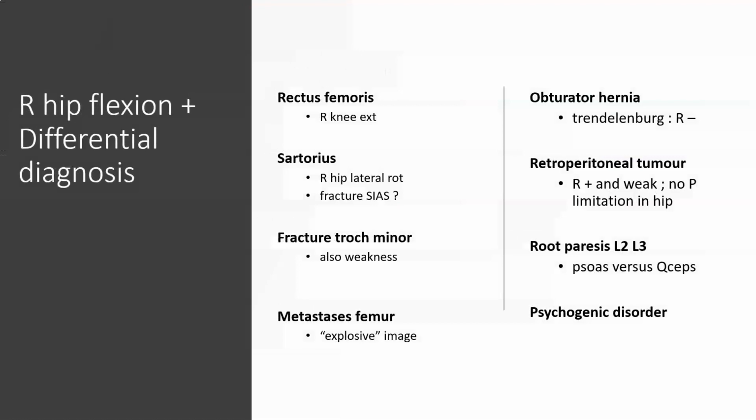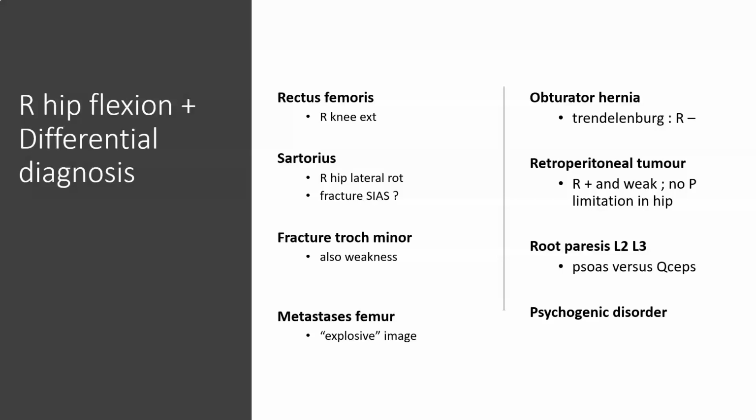When the resisted hip flexion is positive, then there are different differential diagnostic options. We just talked about the rectus, we talked about the sartorius, but in the case of a fracture of the trochanter minor, well, your hip flexion will be painful plus weakness. If there are metastases, then mostly we find an explosive image.